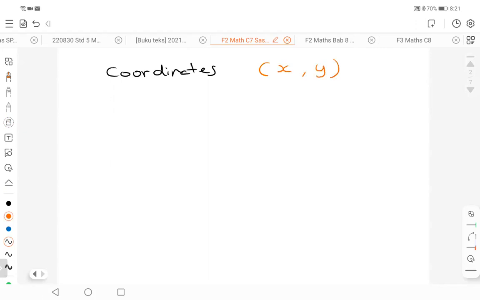Okay, go in detail. If you have the same x value, that means you will have the same block. Look at the dot. All these dots have the same x coordinate.